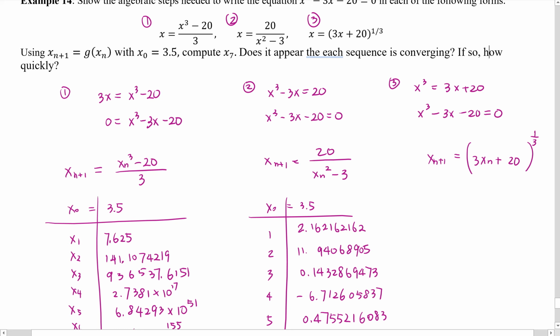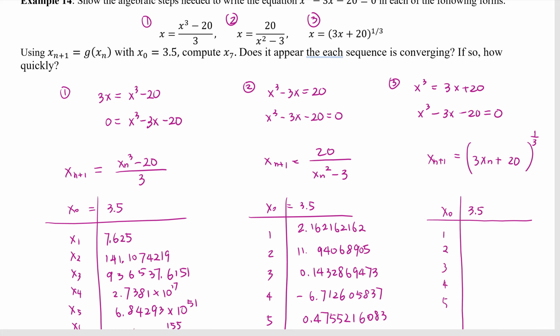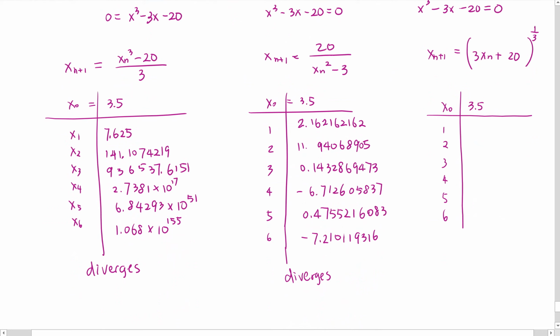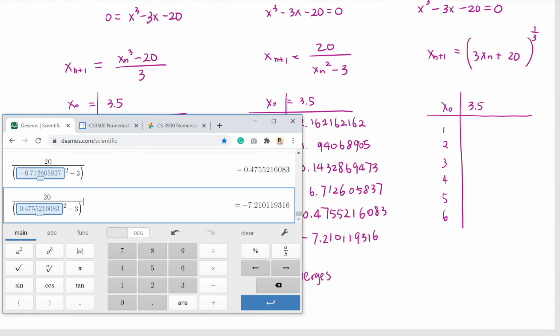So let's draw a table again. x0 is 3.5, and let those be the xi's. Okay. So here, 3.5.